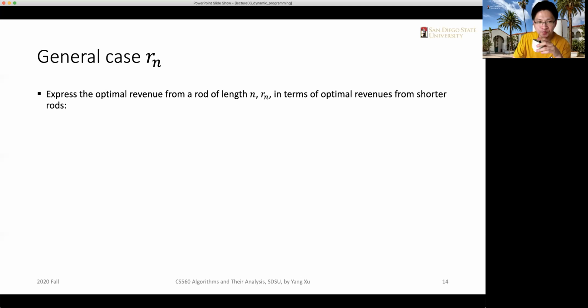Okay, so we use Rn to indicate the optimal solution, or the optimal revenue, for a rod of length n inches. Then we can express it in terms of the optimal revenues from shorter rods. Now we use a kind of recursive thinking.